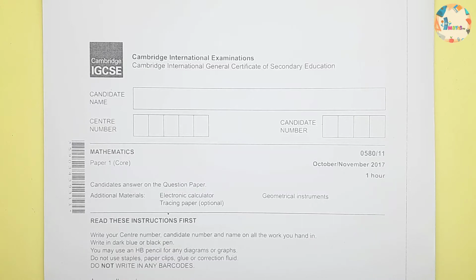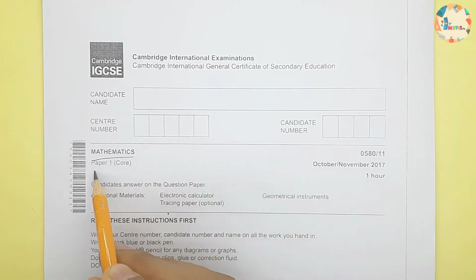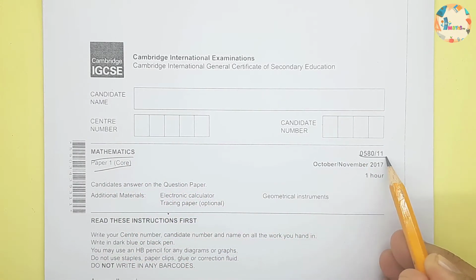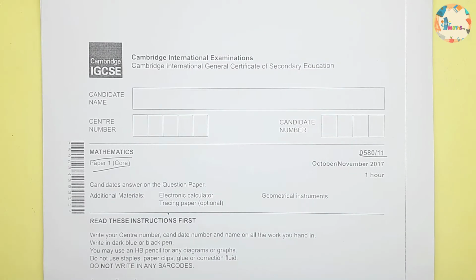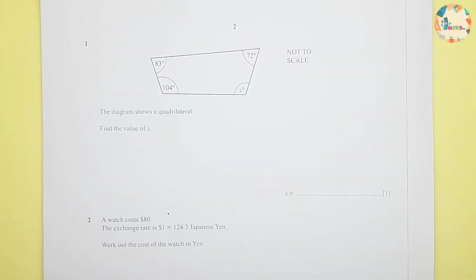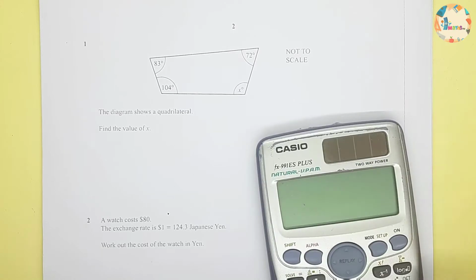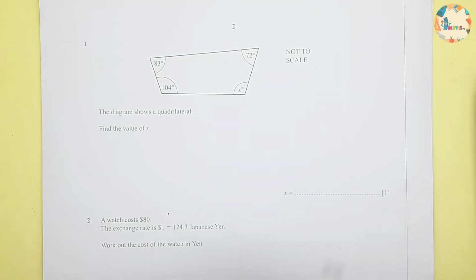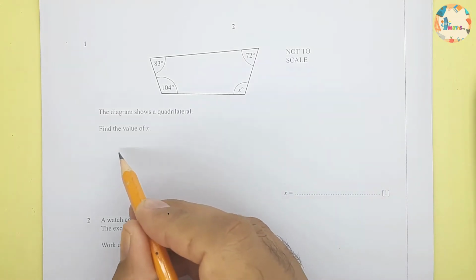Hello guys, today we'll be going through IGCSE Mathematics Paper 1 Core 058011 October November 2017. Question number 1. The diagram shows a quadrilateral. Find the value of x. So three angles are provided. We have to add them and subtract from 360.